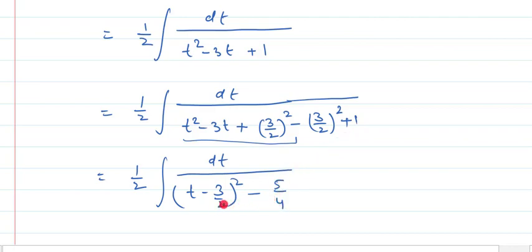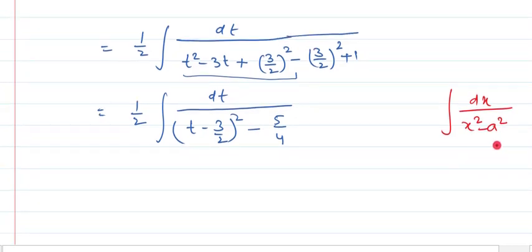Now you know very well, again this is the same identity which is integration of dx upon x square minus a square. And you know what is the answer of this integration. So let us use this one over here.